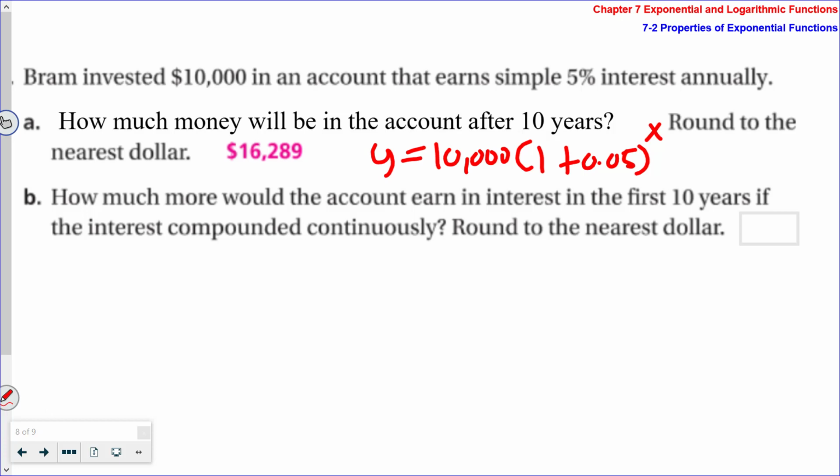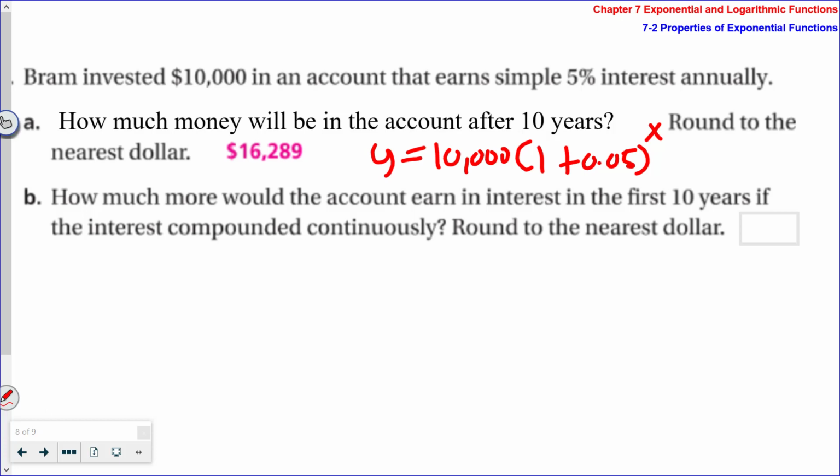All right, how about B? How much more would the account earn in interest in the first 10 years if the interest compounded continuously? There goes the buzzword again, continuously. So what are they asking us to do here for part B? What are they asking us to do first? y equals P e raised to the RT.